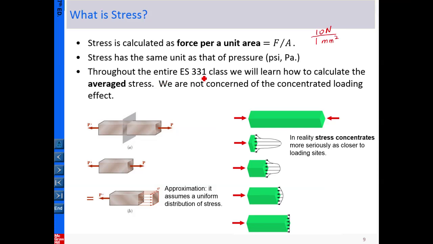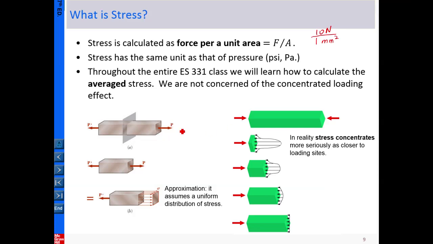In the entire ES331 class, we will learn how to calculate the average stress. Here I will introduce the additional terminology, average stress, and tell you what it is and why we are doing this.